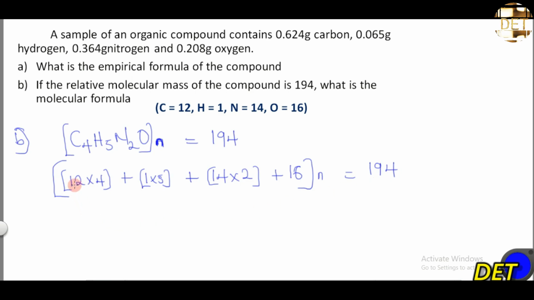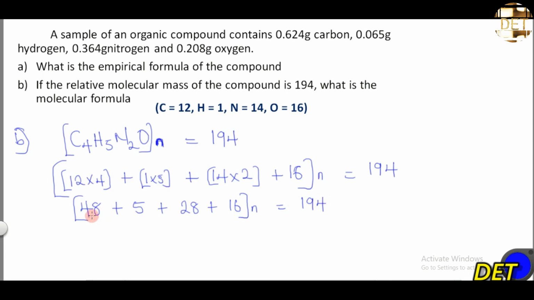194. So 12 times 4 will give me 48, plus 1 times 5 will give me 5, plus 14 times 2 will give me 28, plus 16, open bracket close N is equal to 194, right?